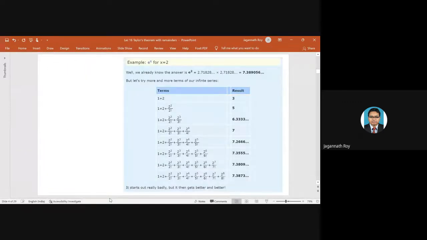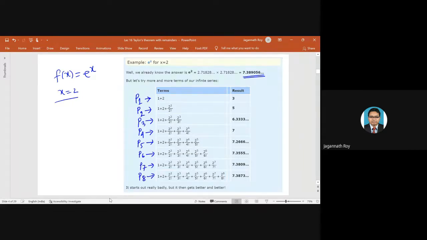Just for a starter, let us suppose f(x) equals e to the power x. For x equals 2, we know that the approximate value will be 7.389. Now, if you write this as P1, this expression as P2, and then this is P3, similarly P4, P5, then P6, P7, and then P8.